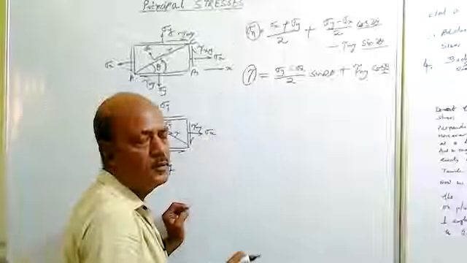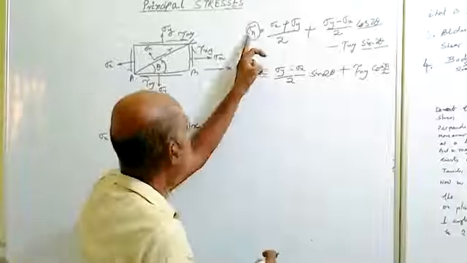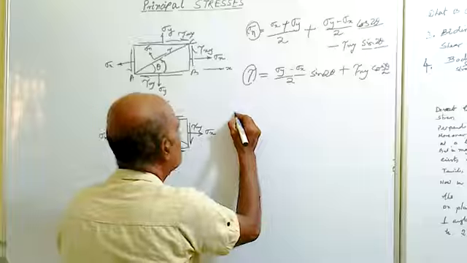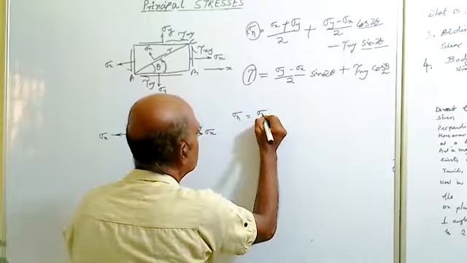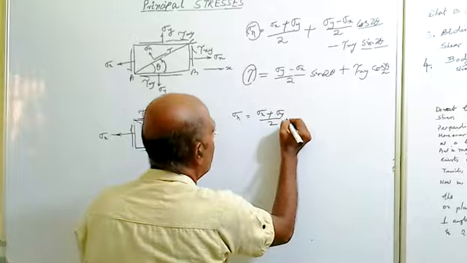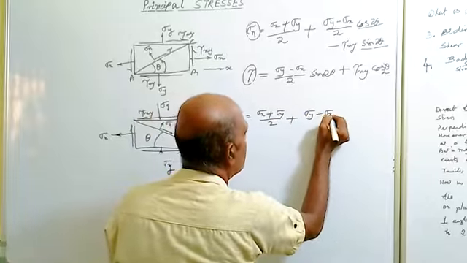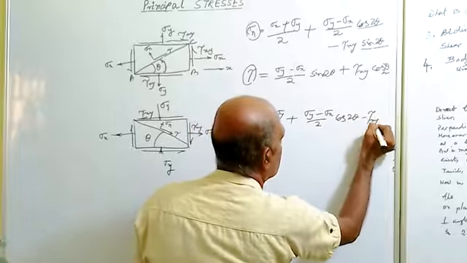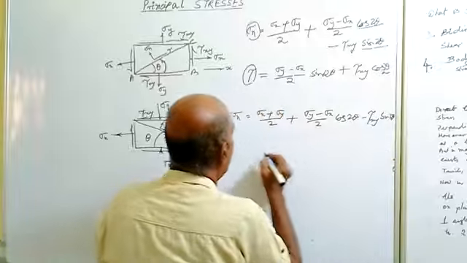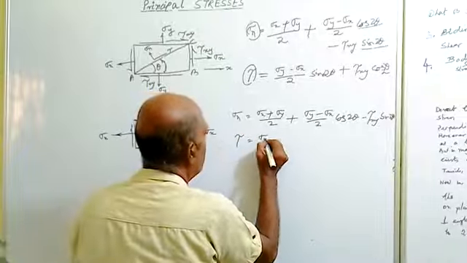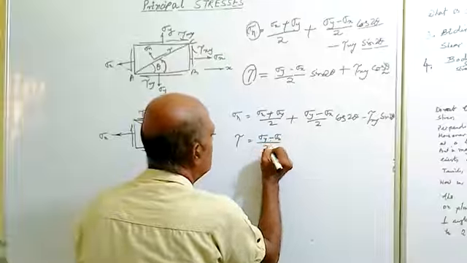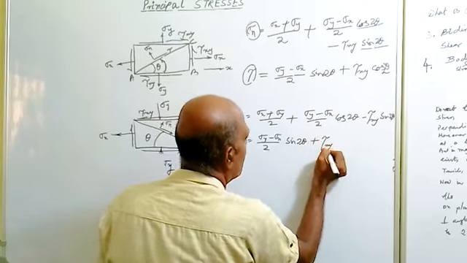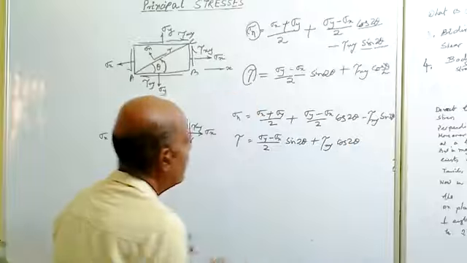For writing the formula, we will write the formula for the most complex case, that is sigma n was given by sigma x plus sigma y by 2 plus sigma y minus sigma x by 2 cos 2 theta minus tau xy sin 2 theta, and tau was given by sigma y minus sigma x by 2 sin 2 theta plus tau xy cos 2 theta. So this was the case.